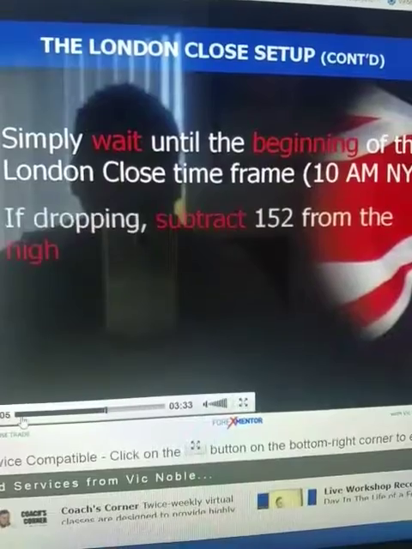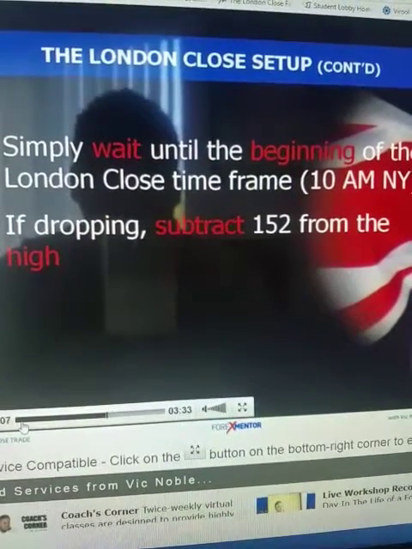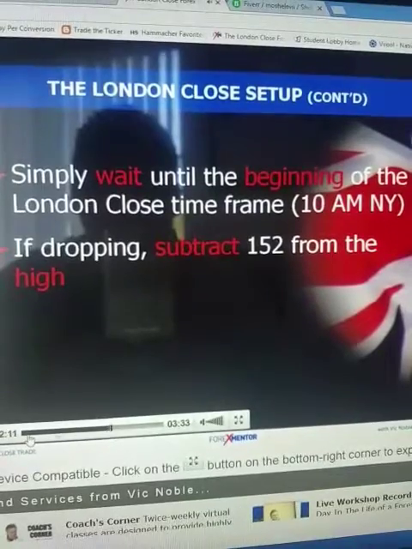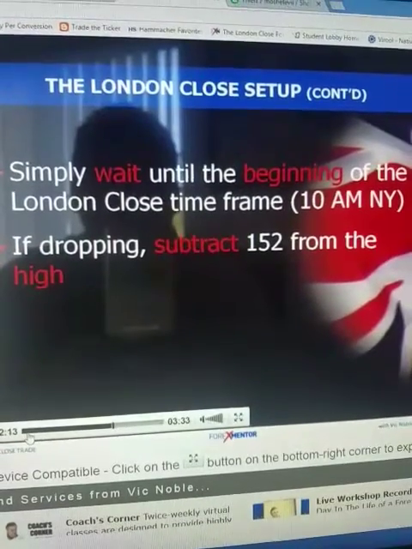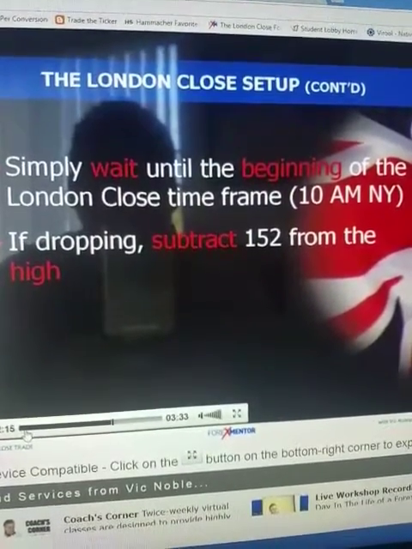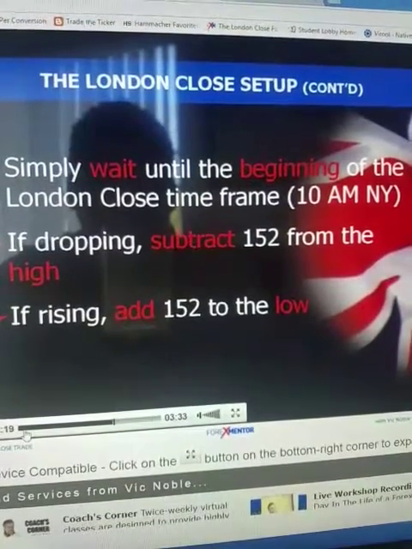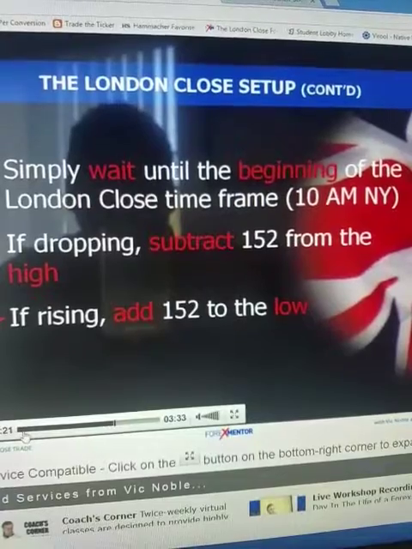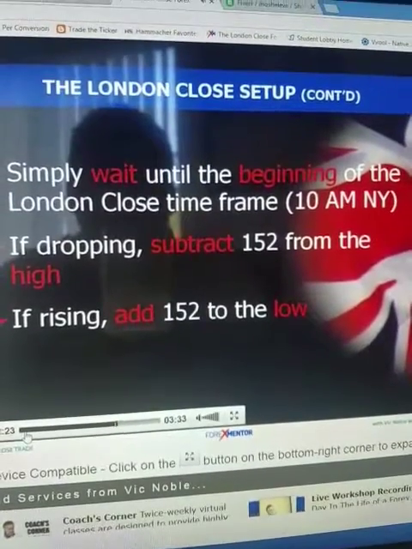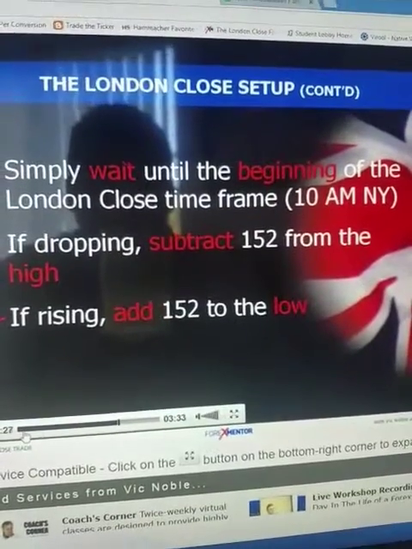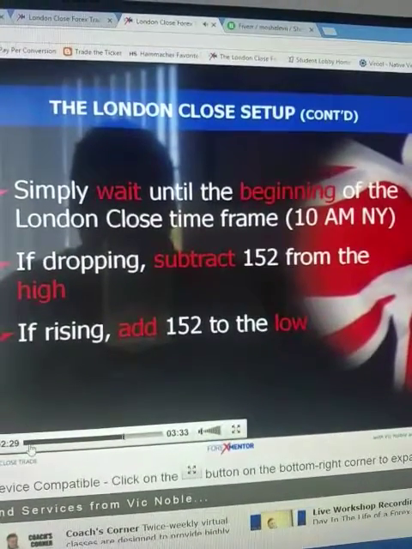If it's dropping, then we just simply note the very high of the day, and we subtract the 5-day average daily range of 152 pips in our example to get the expected low for the day. And if price is rising into the London close, then you just note the low of the day and add the 5-day average daily range of 152 pips to that low to get the expected high for the day.